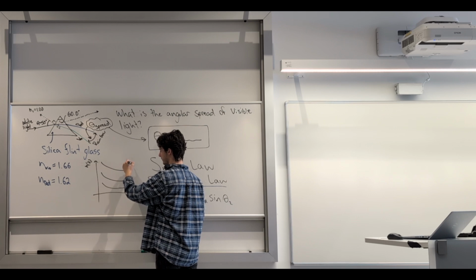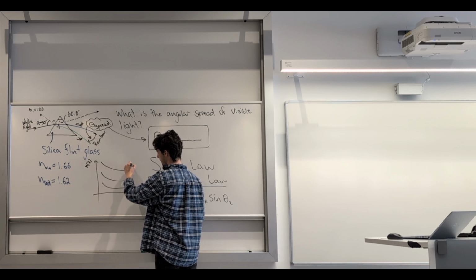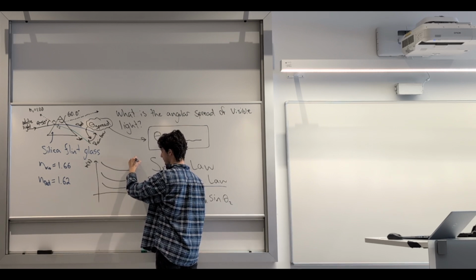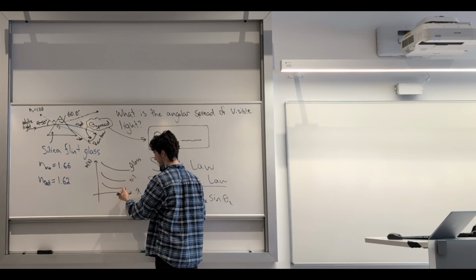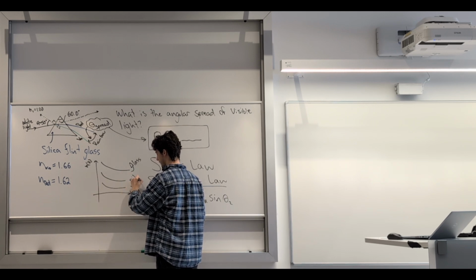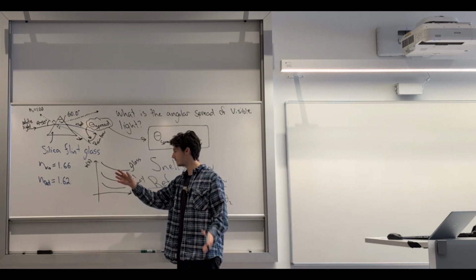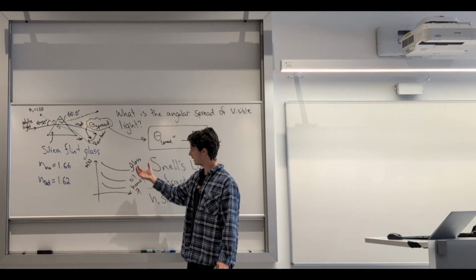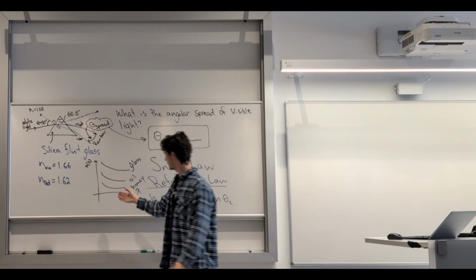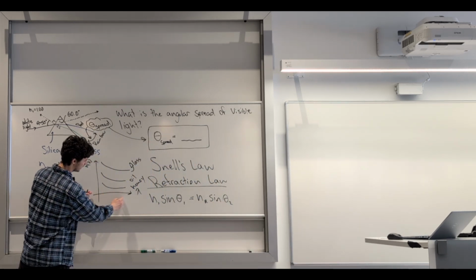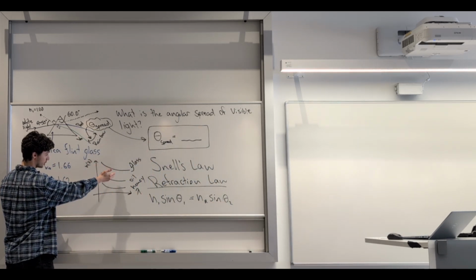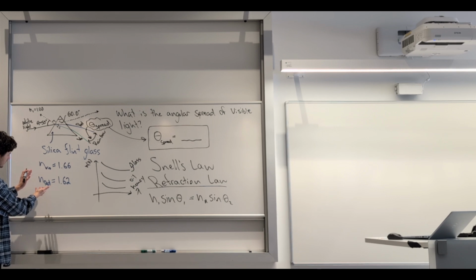Let's say some type of glass. Let's say this is some kind of oil. Let's say this is some kind of honey. I don't know, different materials. You can look at this plot somewhere online depending on what material you want. But generally, I just want to show you that as you change the wavelength of light, the index of refraction also changes. So that's where this is coming from.